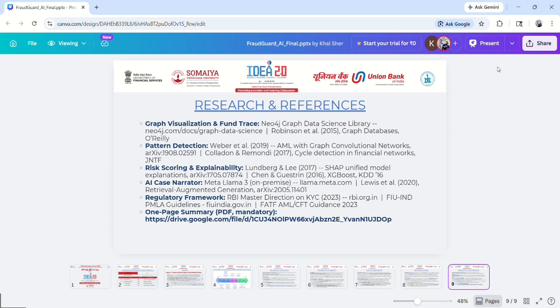The AI case narrator is based on modern large language models, ensuring clear and human-readable explanations. Most importantly, our system aligns with RBI guidelines, FIU-IND standards, and FATF regulations, ensuring full compliance with financial law. This strong research foundation makes our solution not only innovative but also reliable, explainable, and ready for real-world deployment.